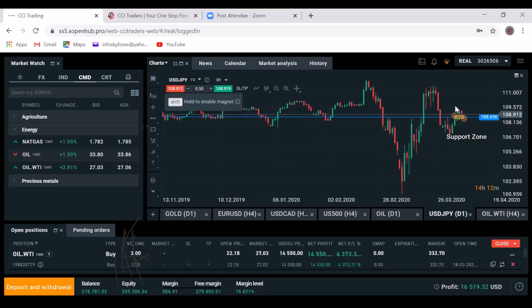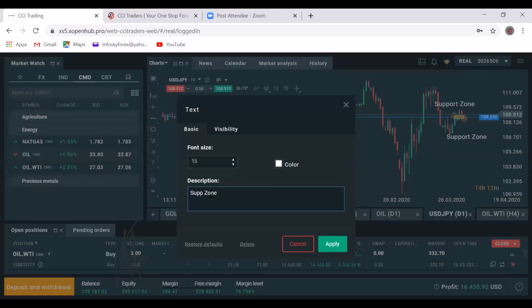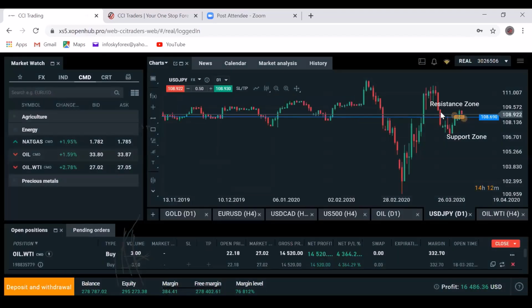Here is forming a resistance zone, and here it's possible to form the highest resistance at this point.